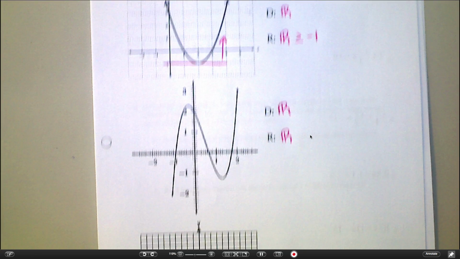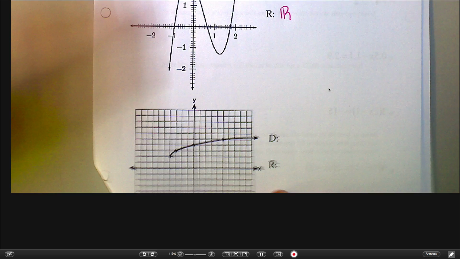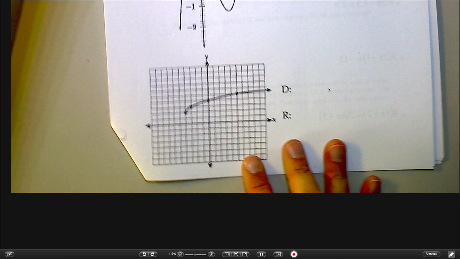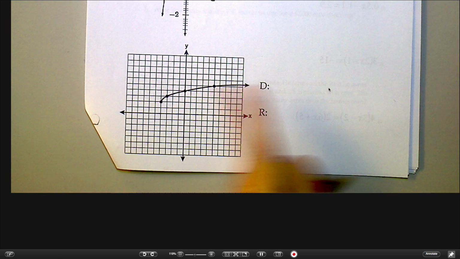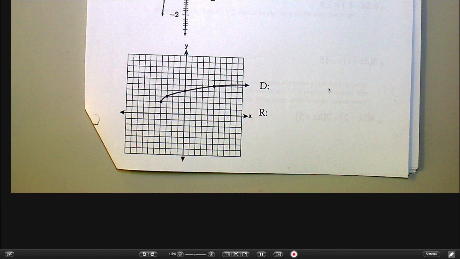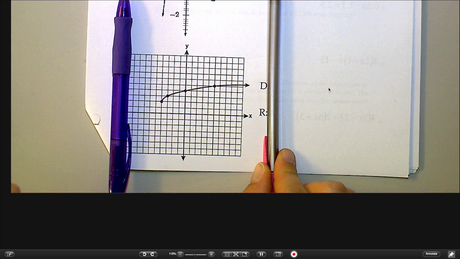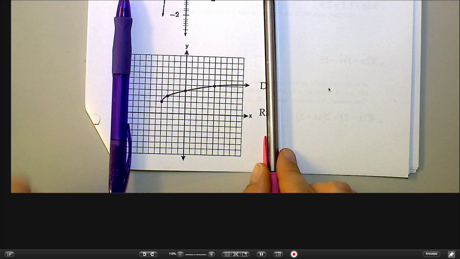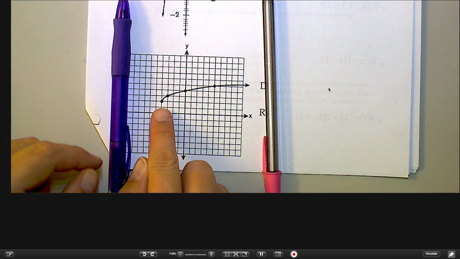Let's try one more. Let's try this very bottom one. Okay. This bottom one is talking about a graph that's finite on one end and infinite on the other. Okay, so that's kind of strange. So for domain, again, I'm going to go left to right. Now to the right here, that graph will eventually hit that pink pen, but it won't hit my purple one because it stops right here.